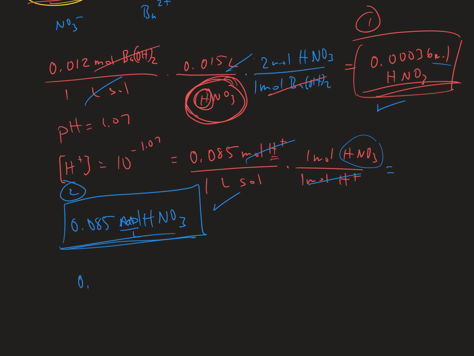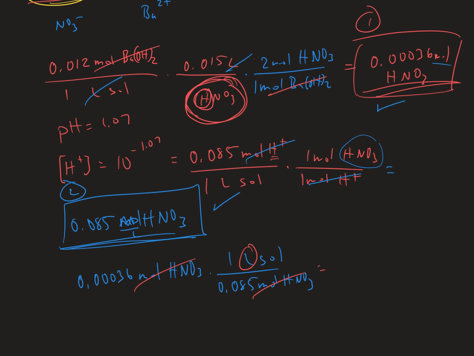So we have 0.00036 moles of HNO3, and here we have 0.085 moles of HNO3 to 1 liter of solution, because that's what molarity means, right? Moles goes away, we're left with liters. Or we can change it to milliliters if the answer is looking for milliliters, but here it doesn't say, so we'll just leave it at liters.